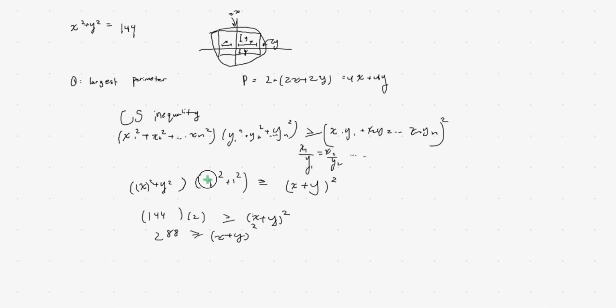This way, x times 1, this term will only be x, right? So then 144, and we can just plug this value in here. 144 times 2 is going to be greater than or equal to (x plus y) squared.